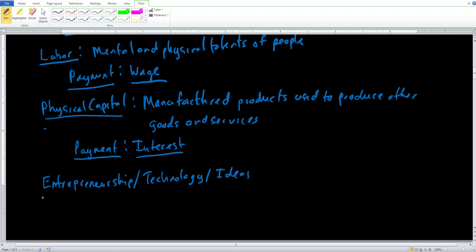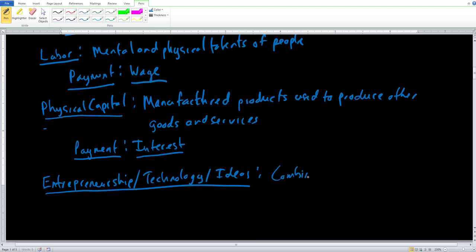So this fourth and final factor of production, we will be using these terms interchangeably, so do be aware of that. And essentially here, if we can't place it under physical capital, labor, or land, it's going to fall under this fourth component right here, entrepreneurship, technology, ideas. And essentially, they're the ones that are going to combine all the other factors of production in order to make these goods and services.